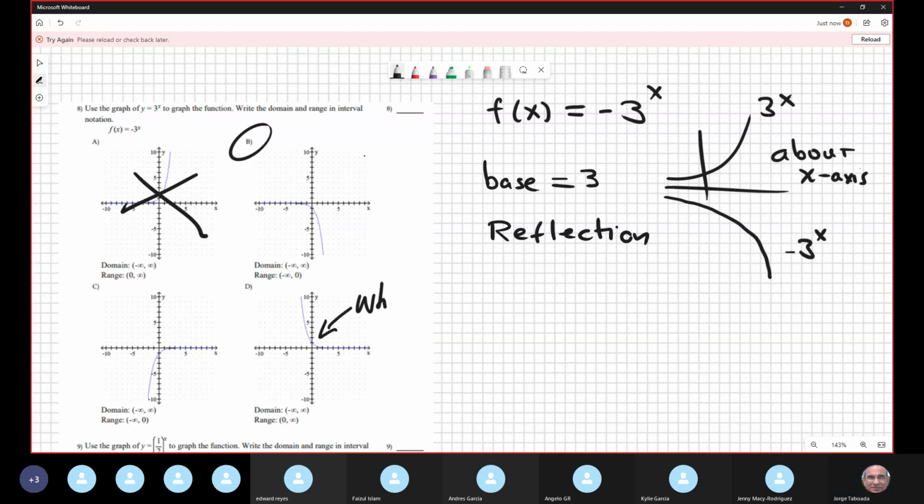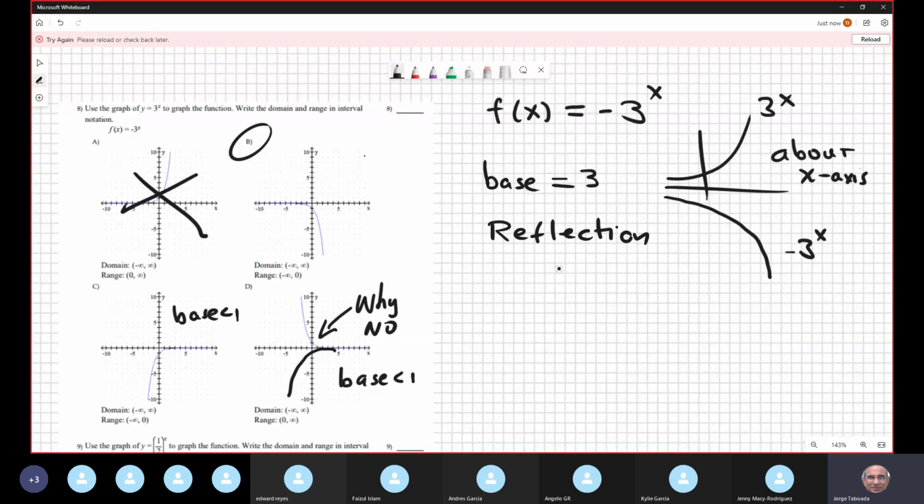Why not? Because this is when the base is less than 1, decay. And this is similar but with reflection. As you reflect this, it looks like that. In this case, the base is less than 1, but we have an extra negative in the front.